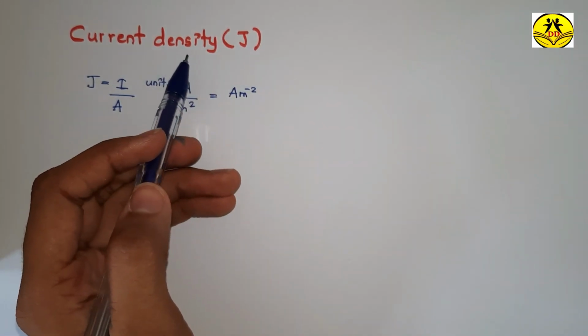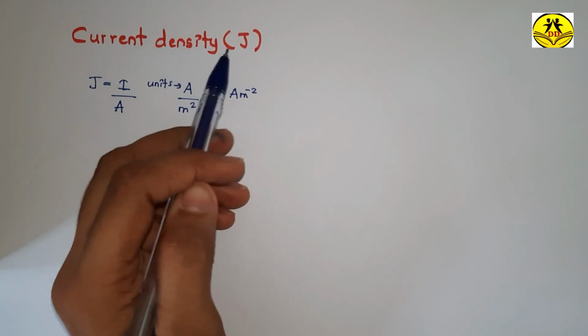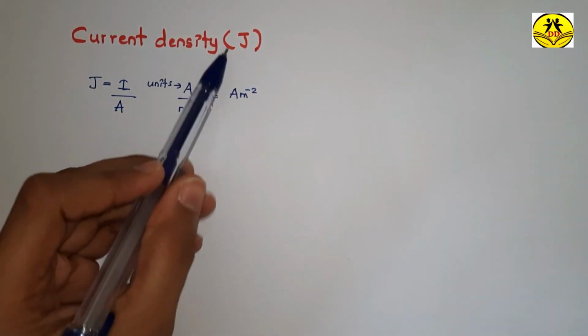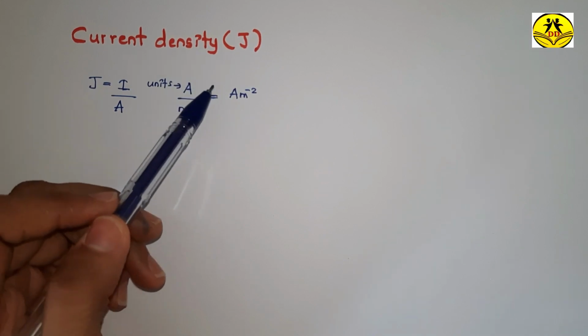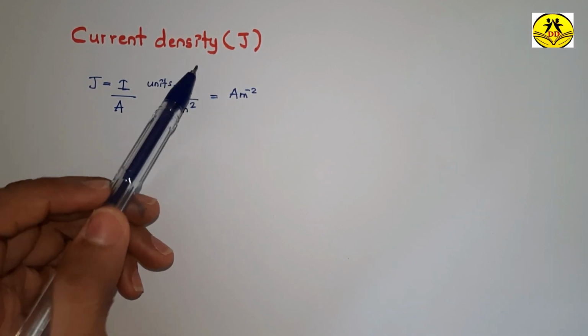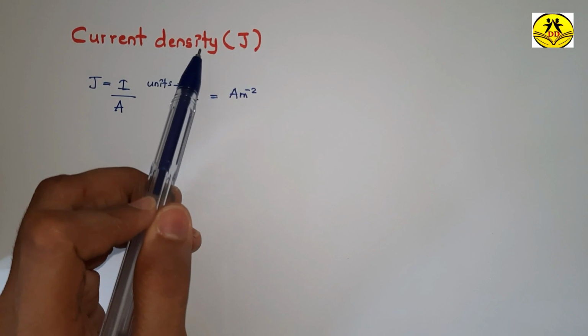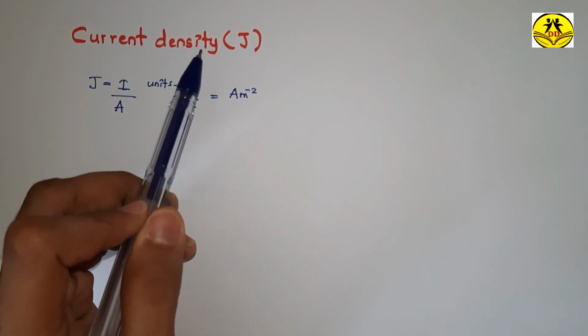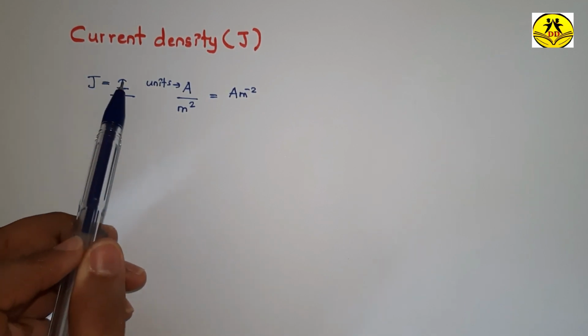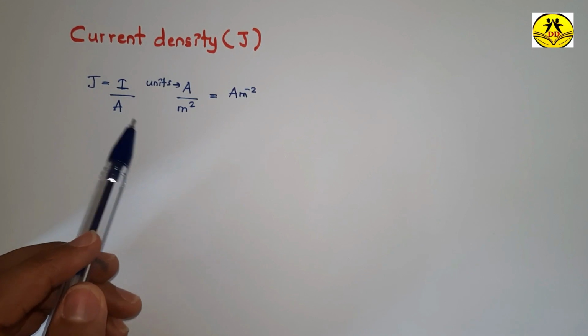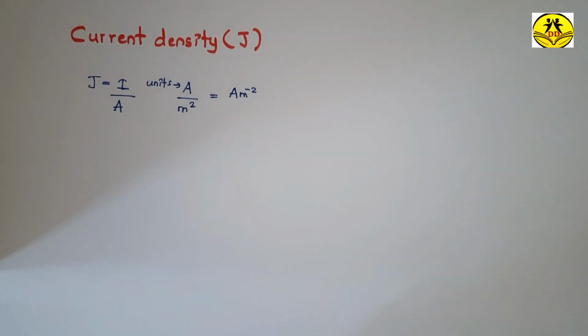Now just in case you might confuse it with density, usually density is mass over volume. It's related to volume, but this current density is not related to volume. It's related to area, cross-sectional area. So current density is current divided by cross-sectional area.